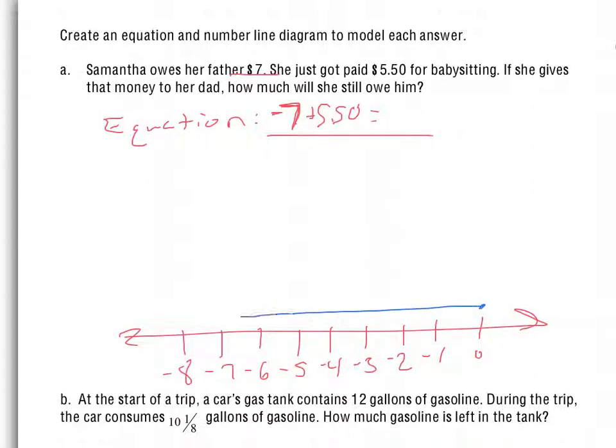I'm coming out to negative 7. And then I'm moving forward positive 5.5. So 1 whole, 2 wholes, 3 wholes, 4 wholes, 5 wholes, and another half. Puts me right here at negative 1.50.